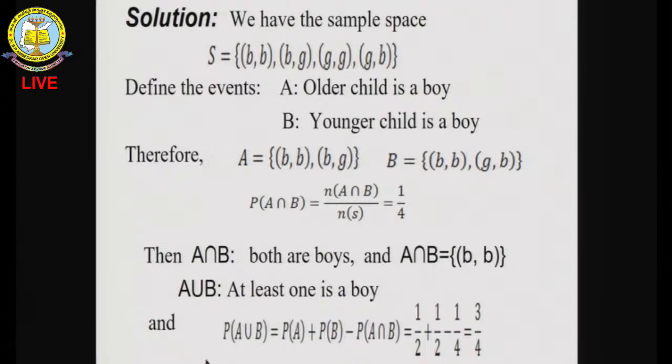We need to find the probability of A union B. The formula you already know: probability of A plus probability of B minus probability of A intersection B. Substituting all the values, we get 3 by 4.